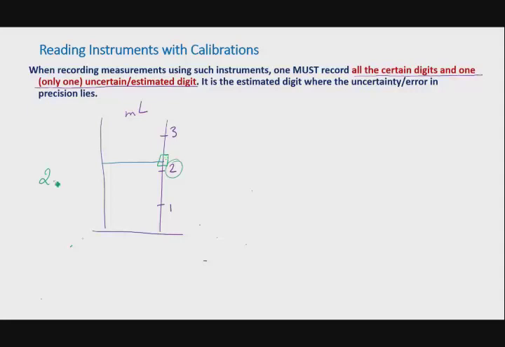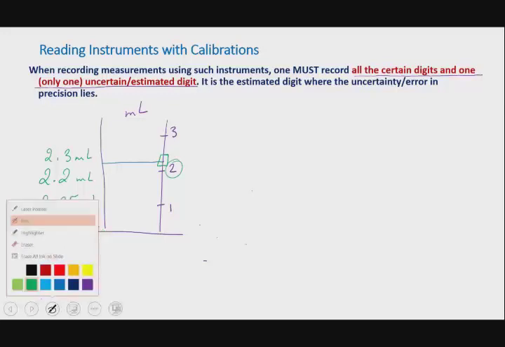So I might estimate that to be 2.2 mLs. My neighbor might look at it and say, no, that's actually 2.3 mLs. Or maybe somebody says 2.25 mLs. Or someone says, no, you guys don't know what you're talking about. This is 2.249 mLs. Who is correct?